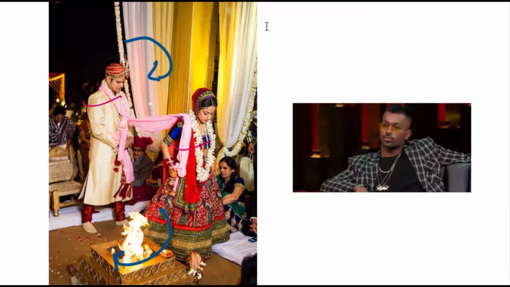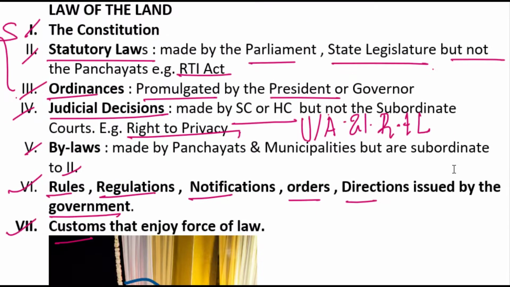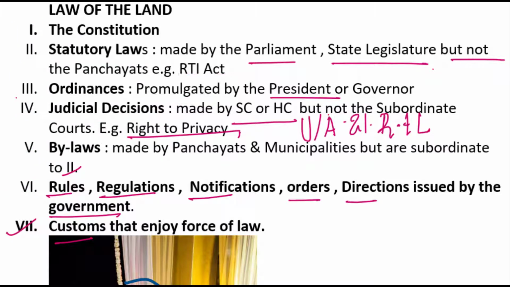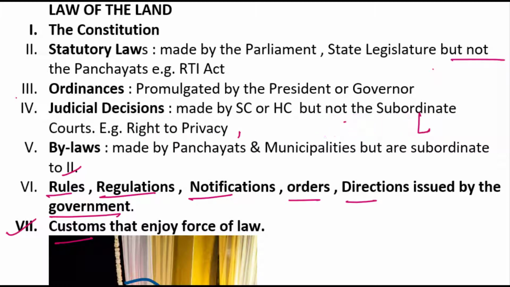All right, coming back. So we are trying to understand the law of the land. And law of the land consists of the constitution, then we have statutory laws at number 2. Then at number 3 we have ordinances.